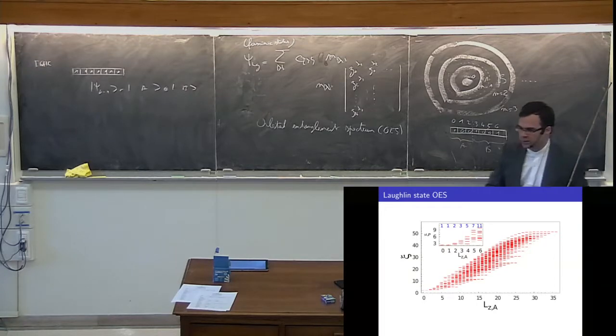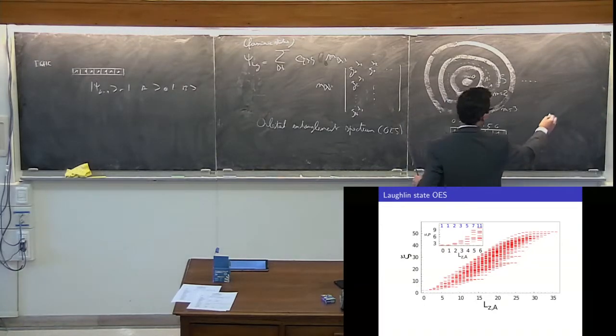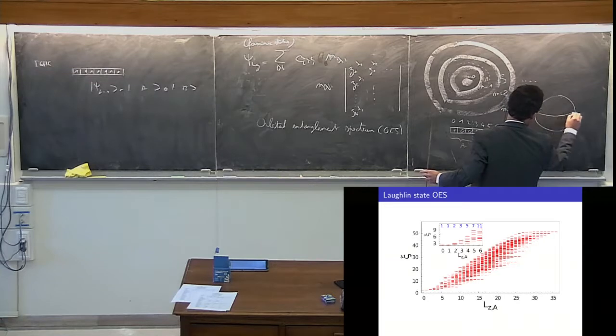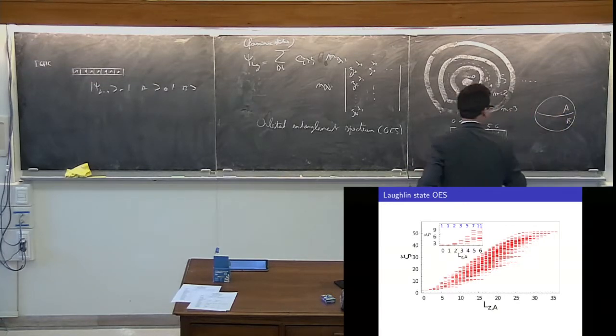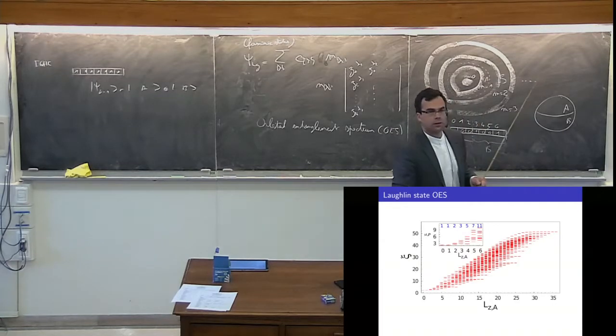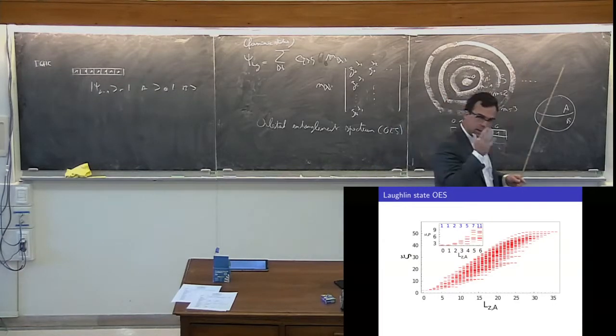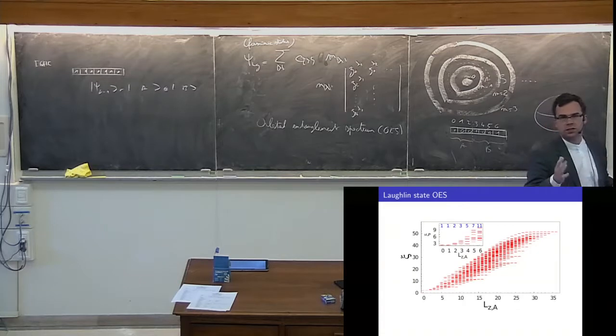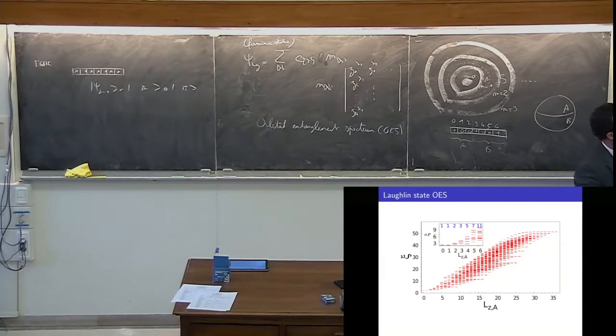So if I have a sphere, it's like cutting my sphere like this. It's really cutting into two equal parts, A and B. And I look at the sector where the number of particles is equal to half of the number of particles of the original system.